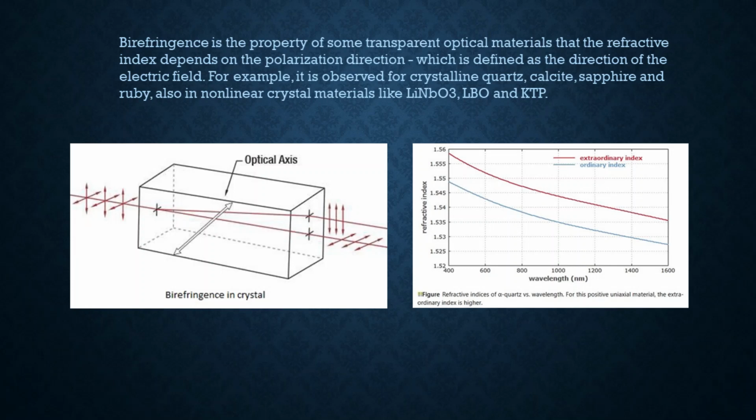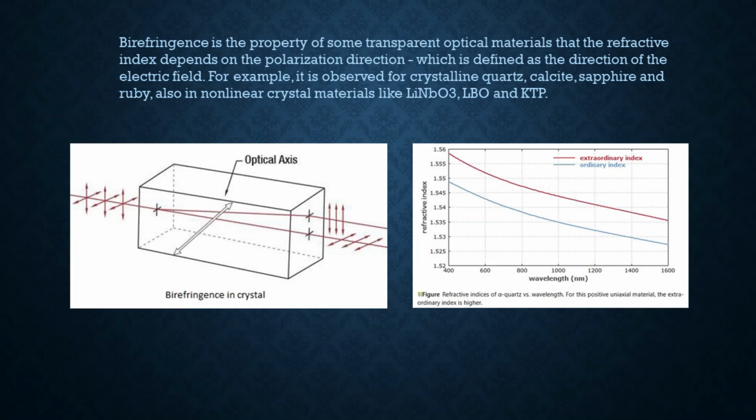Whereas the crystals in which the velocity of the E ray is smaller than the velocity of the O ray are called positive crystals.